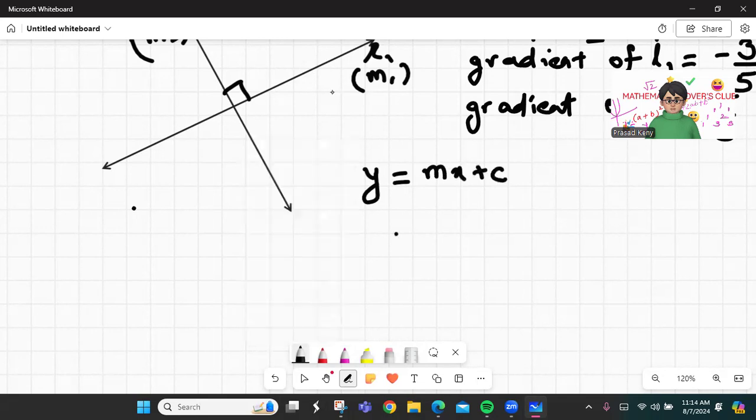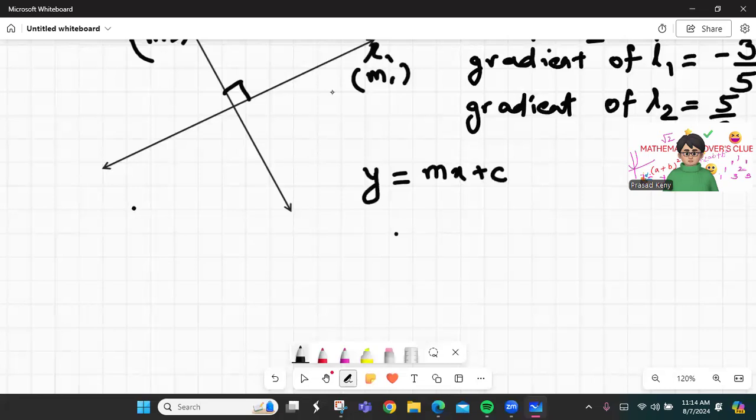And we have the gradient 5/3 that we will substitute for m. So y is equal to 5/3 x plus c. And finally, the point is given to us. It is said that the line passes through (6, -2).